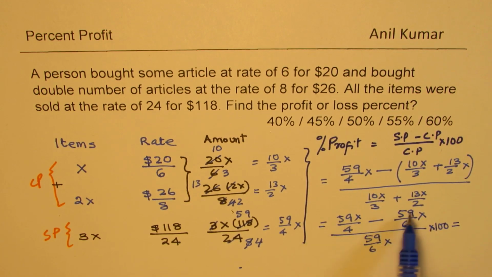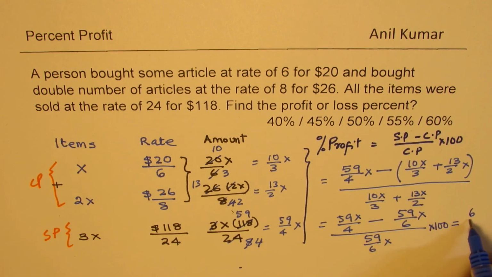So this 59x will cancel, and you can treat this 6 in the numerator. So we get 6 over 4 minus 6 over 6, which is 1, times 100. So 6 over 4 is 3 over 2. So 3 over 2 minus 1 will give you 50%.